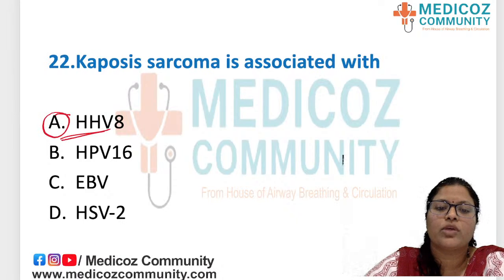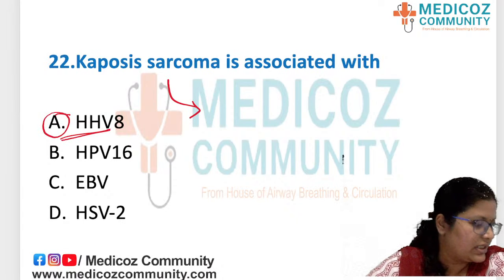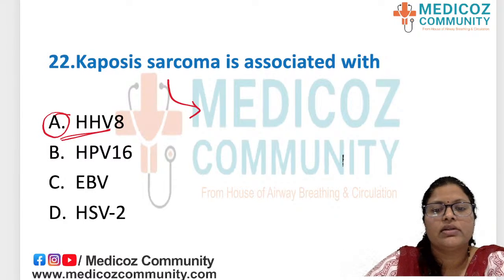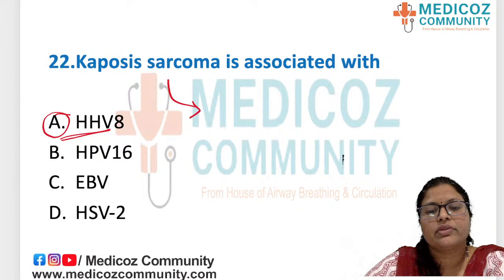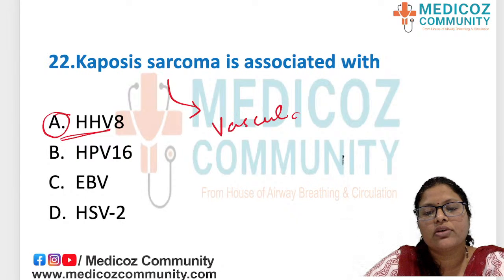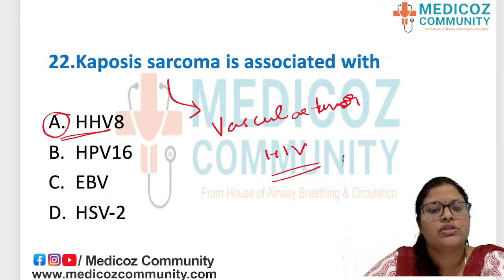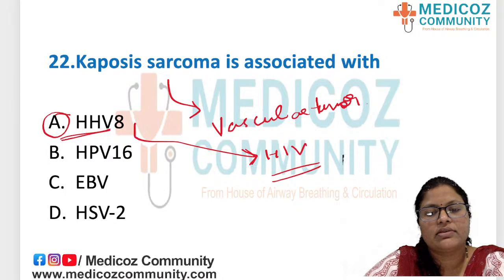So what is Kaposi sarcoma? It is a highly aggressive vascular tumor. Okay. Usually seen in immunodeficient individuals, and it's associated with HHV 8.